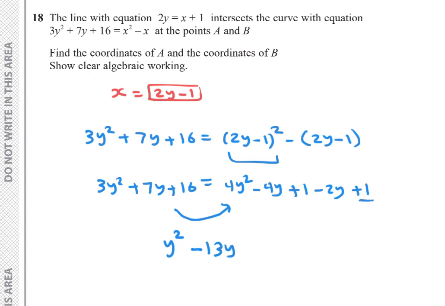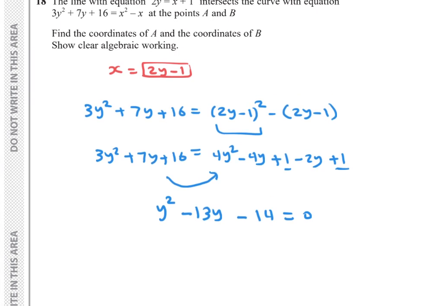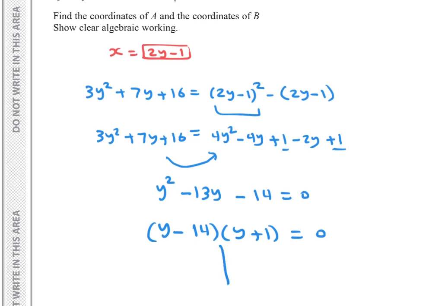We have 1 plus 1, 2, and negative 16, so negative 14 equals 0. Now you can solve this quadratic equation using factorization, (y minus 14)(y plus 1), or you can use your calculator. So y equals 14, or y equals negative 1.